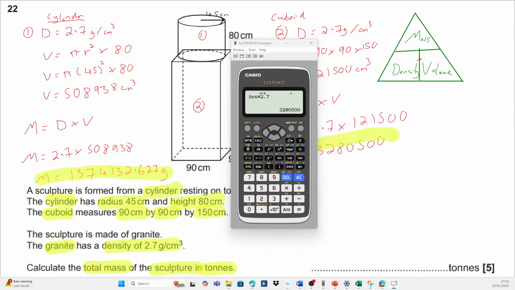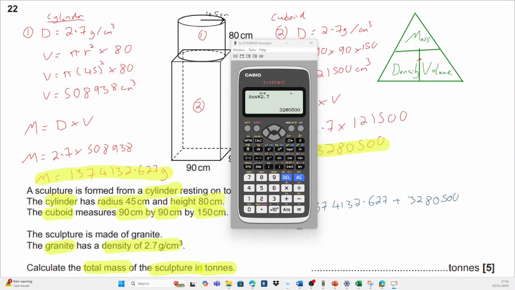So that's the mass of the cuboid. So now we can go and say that the total mass, so the total, let's do it in blue. The total is going to be the mass of the cylinder, which was 1374132.627. Add the mass of the cuboid, which is 3280500.